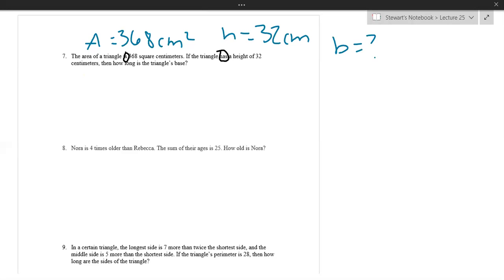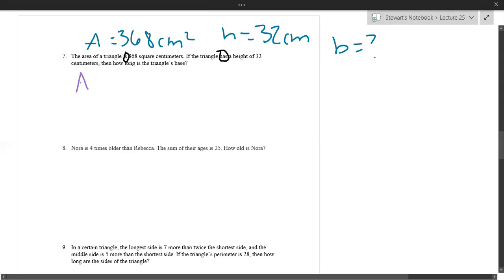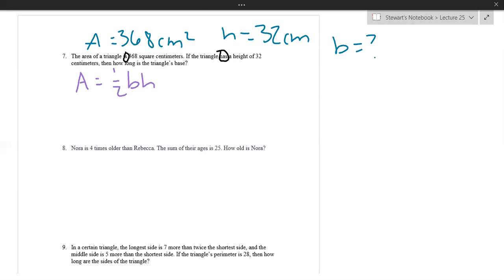But let's think about what we have as far as for triangles. We know that the area is 1/2 times base times height. Well, we have the area and height, so we just need to solve for the base. So we can do this with this formula. So we'd have 368 is equal to 1/2.